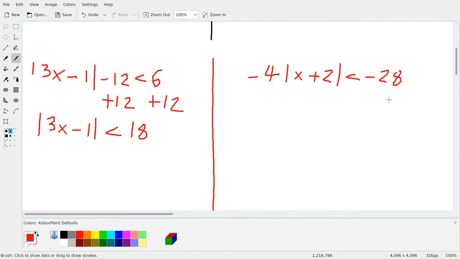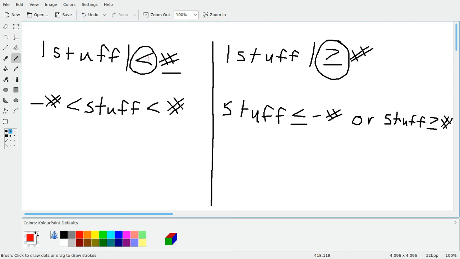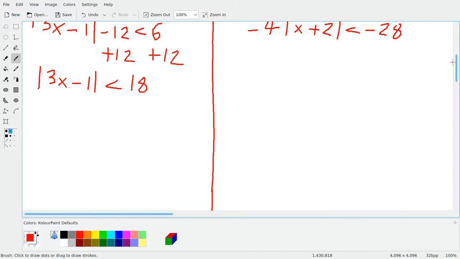Looking up at our notes above, if we have an absolute value is less than some number, we're going to rewrite it as your between or your "and" statement. To do that, we're going to take the opposite of this 18. Negative 18 is less than 3x minus 1 is less than positive 18.